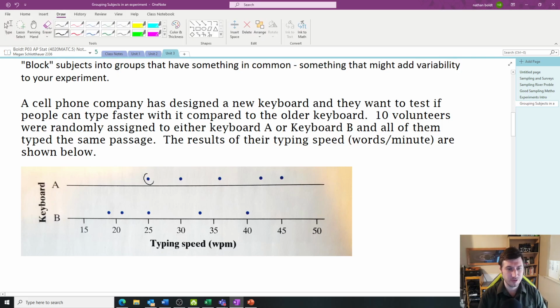The lowest one for A, the lowest one for B, the highest one for A, the highest one for B. But most everything is right here in the middle. There's a ton of overlap. We don't really see any difference here. So there's not really enough evidence to say, hey, A is better than B. There's just too much overlap. They look too similar.